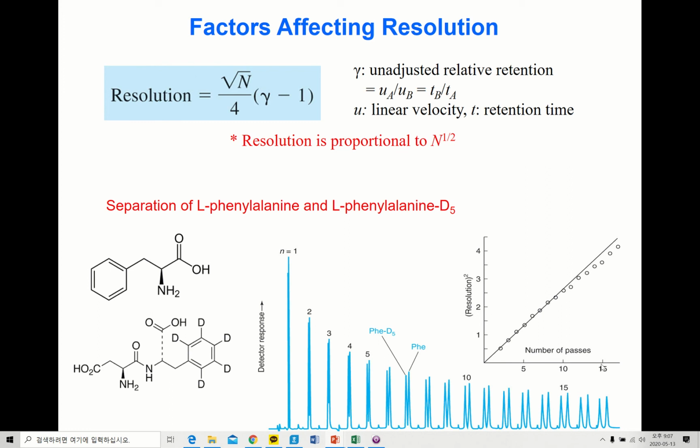At 15 runs, resolution squared is about 3.5, and resolution is less than maybe 2, but more than 1.5, maybe 1.8 or something like that. So that's enough. This is a very practical technique.